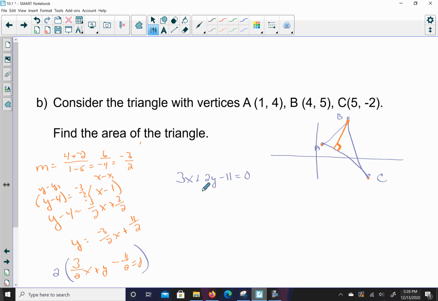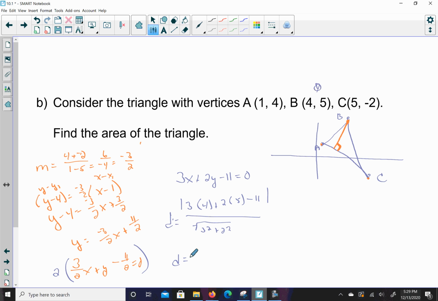So my A is 3, my B is 2, my C is -11, and I'm using this point here, 4, 5, as the point. So my distance is going to be 3 times 4 plus 2 times 5 minus 11, taking the absolute value of that, all over the square root of 3 squared plus 2 squared.